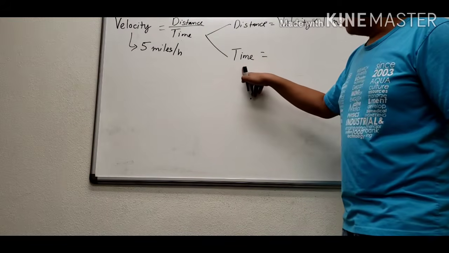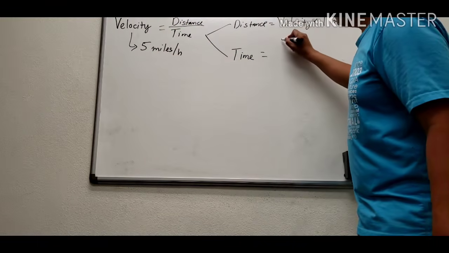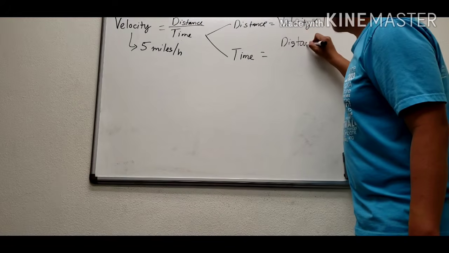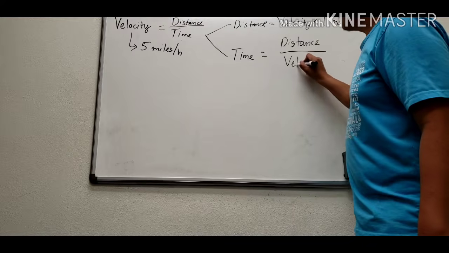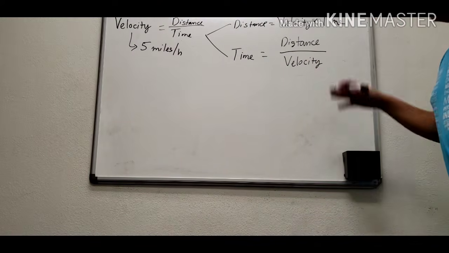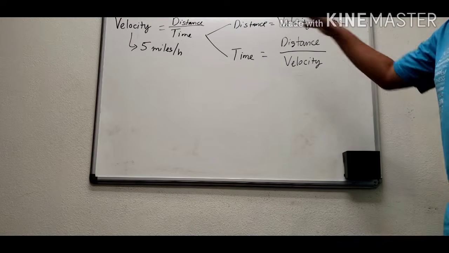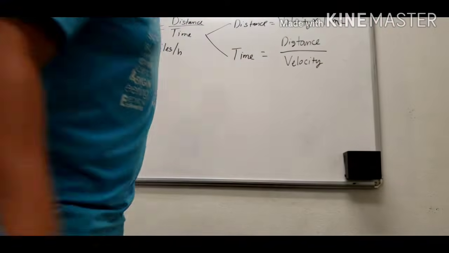If they ask for the time, we use the distance divided by velocity. So that's how we calculate velocity, and we learn how to do the distance and the time. So I will have this sample.